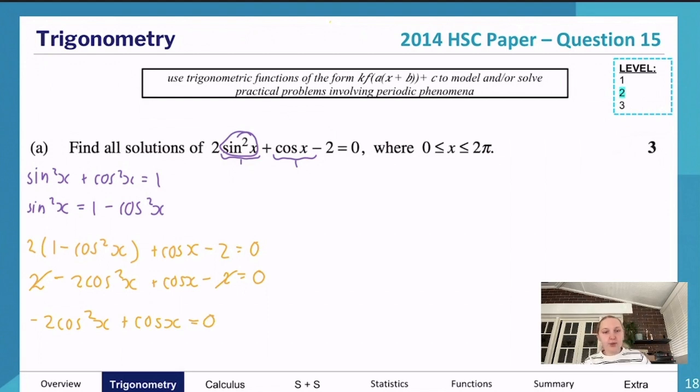Super important that you don't make the mistake of trying to add these together, because they're not like terms, right? Cos squared is not the same as cos x. Just like if we had x squared plus x, we couldn't add those together. So it's a common mistake that people make.